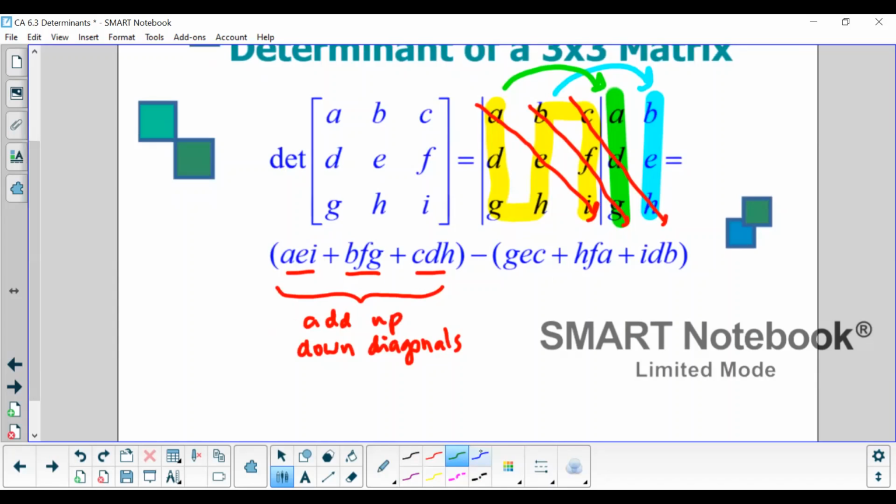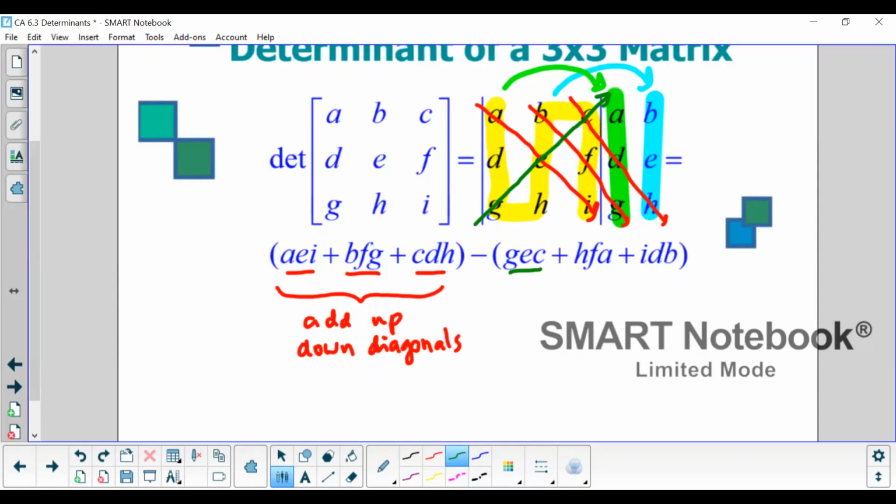And then you find all of the up diagonals. Now, when I take this very first up diagonal right here, G, E, C, notice how the D in that first column hasn't been used yet. That's why we copied the columns over on the right, because I'm going to pick up that D in just a minute.